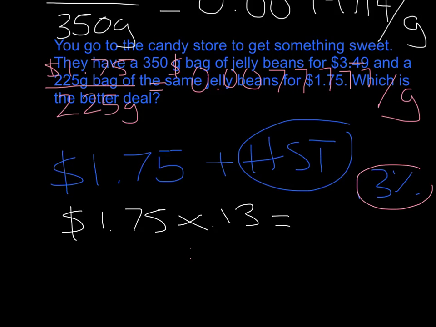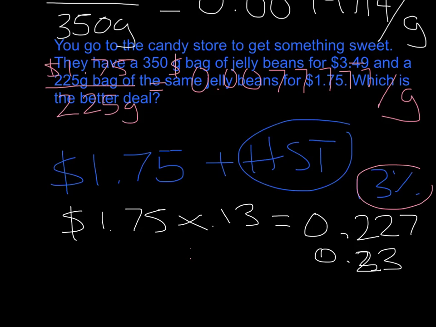So if I have 1.75 times 0.13, my tax on this amount is going to be 0.227, and we round that off, so it's going to be 23 cents that it's going to cost me in taxes.